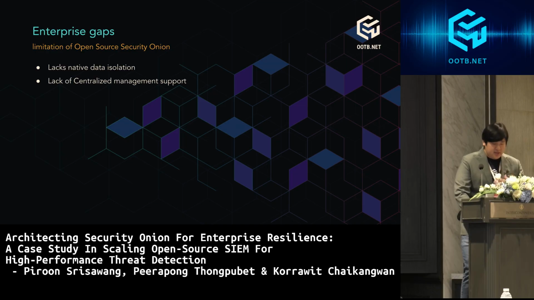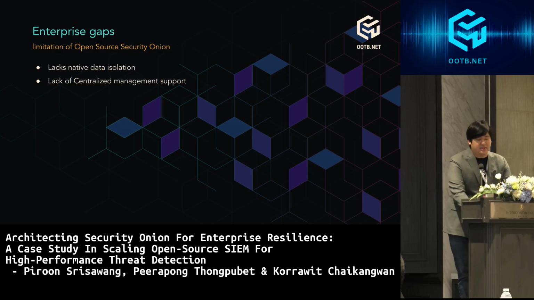The second one is centralized management, and this actually has two parts. About the rules: in an enterprise, you cannot afford to configure or update rules manually on each node. You need a central place to define, manage, and distribute detection rules across the entire deployment.